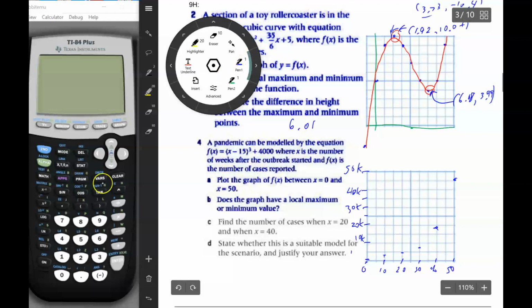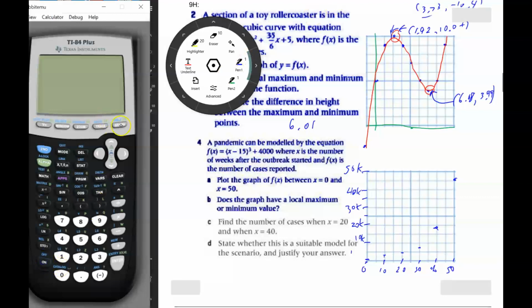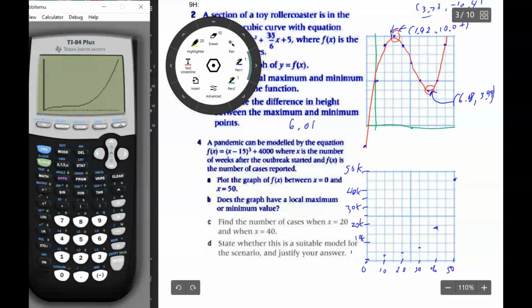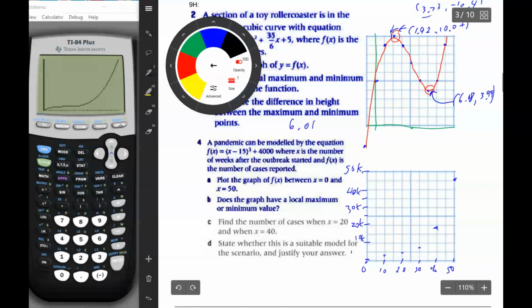So, how does that look again, the graph? It looks like it goes up first, and then it goes, oops.